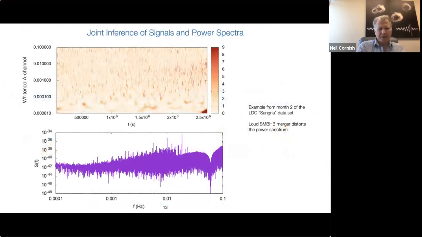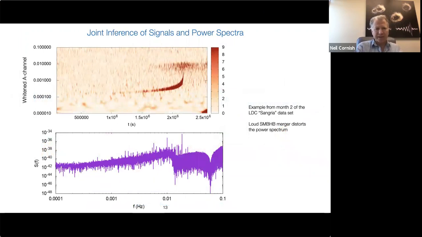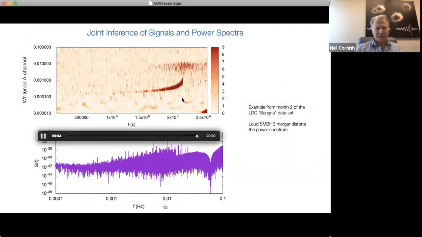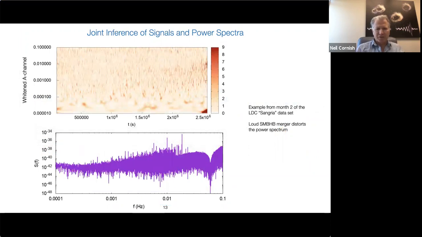In the most recent data set, we have the so-called Sangria data set. We have a collection of massive black hole binaries, and the upper plot here is a time frequency map of 1 month of data. It's actually month 2 from the Sangria data set.